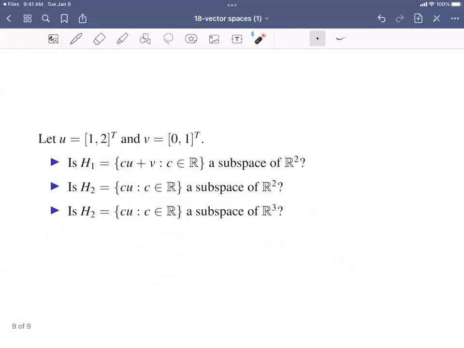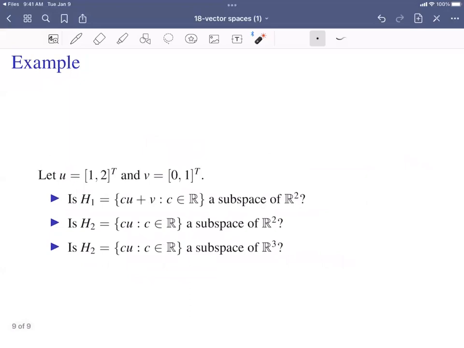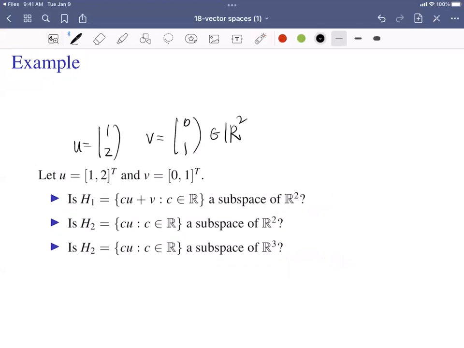So here is the last example of the lecture. U is (1, 2), V is (0, 1), both from R2 space. So this is a vector space. We already know that. Now we are going to give you H1, a subset of R2, and we want to justify whether this is a subspace or not.